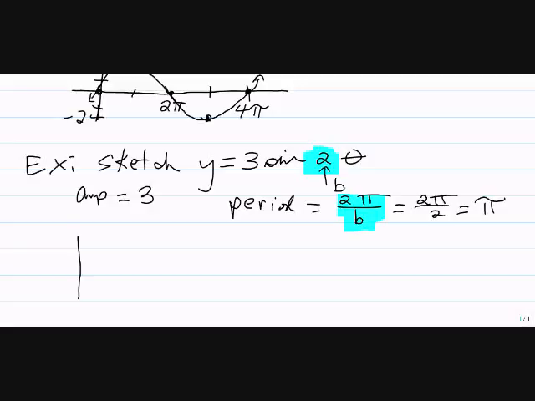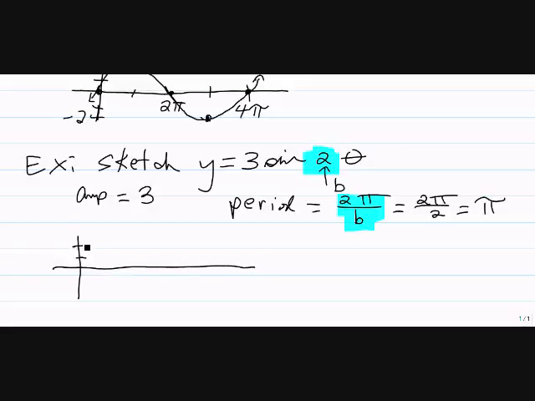Yeah, but still the period seems like it should be 4 pi, but it's the length of the wave. This 2 in here tells me how many cycles there are between 0 and 2 pi. There's going to be 2, even when it's not on the graph. I don't have the graph for this one yet. Yeah, sorry. Now I understand.